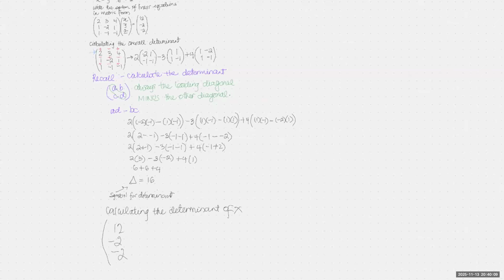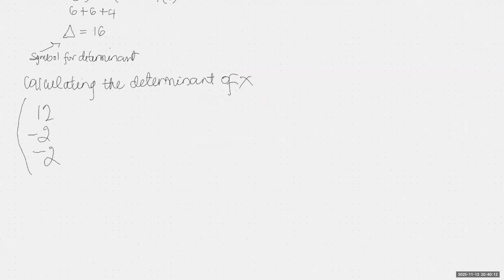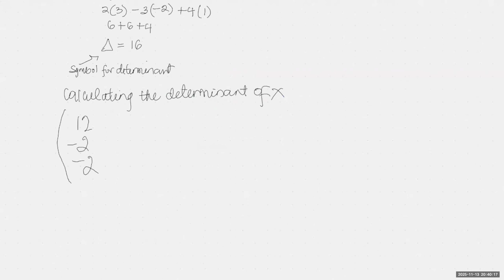So I'm going to have 12, -2, -2. And then the other one was 3, -2, -1, and 4, 1, and -1.